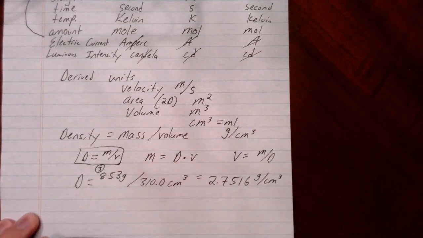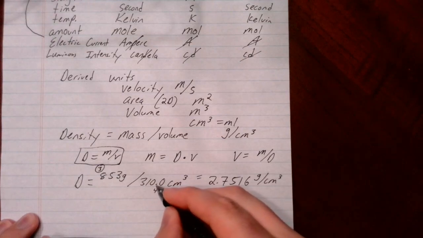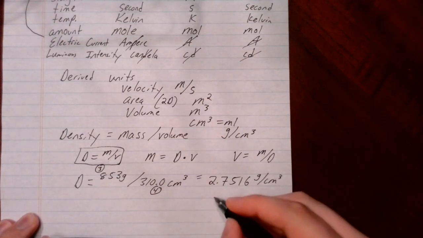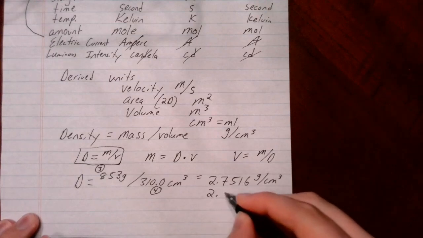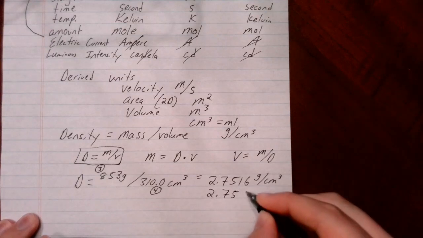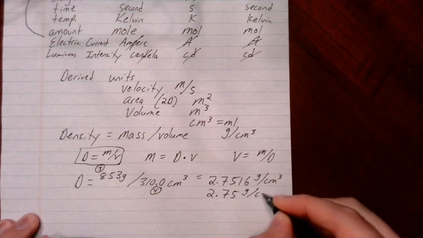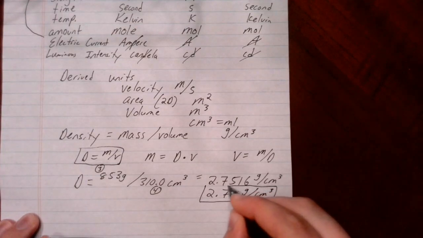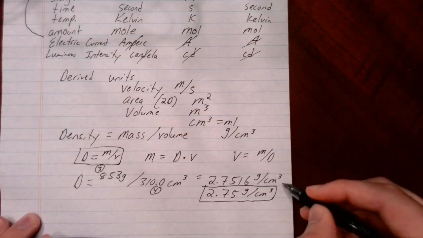I keep the least number, so I keep 3 significant digits. So my answer is 2.75 grams per centimeter cubed. It's perfectly okay at this point if you want to write this number down and then go back and round it. Be sure you put your box around your correct final answer though.